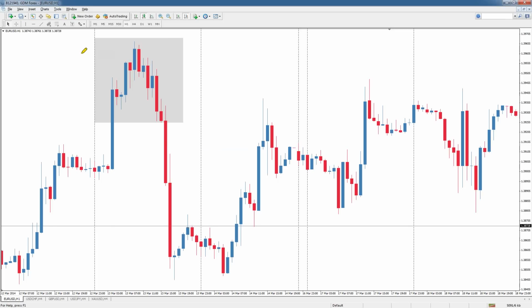We're looking at this thing right here. So we can see one shoulder, second shoulder, and of course we can see the head.